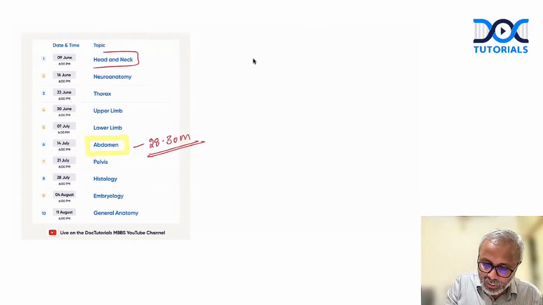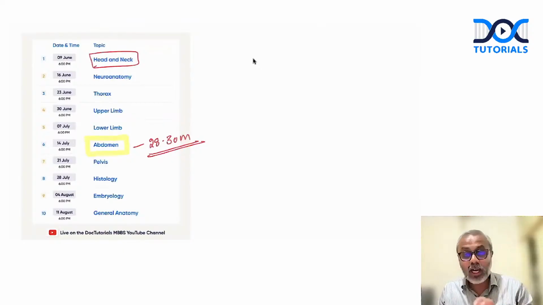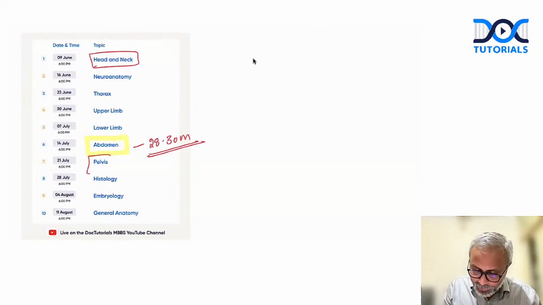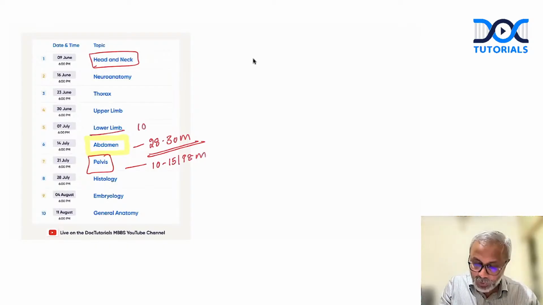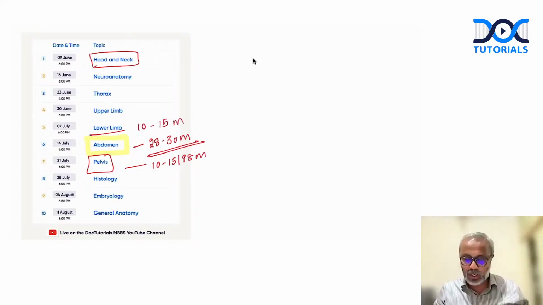Apart from the head and neck chapter, abdomen is one section where you can get questions up to 28 to 30 marks, right? And pelvis is about 10 to 15 or 18 marks, right? So lower limb, what we have discussed now, is again about 10 to 15 marks, okay?